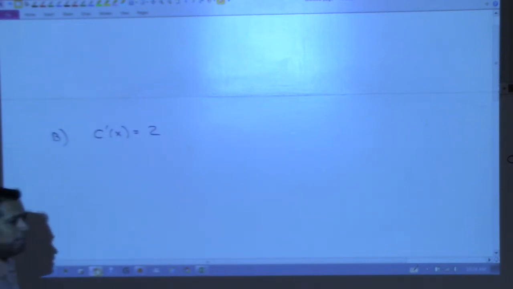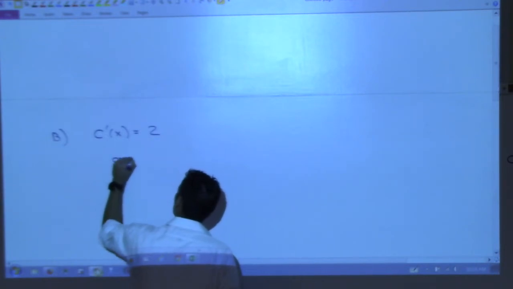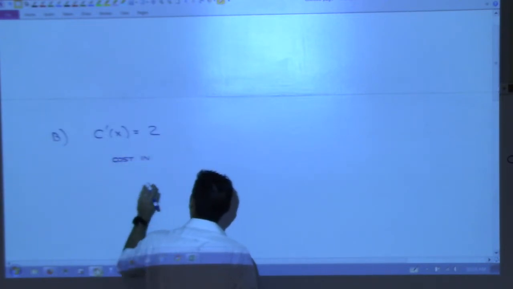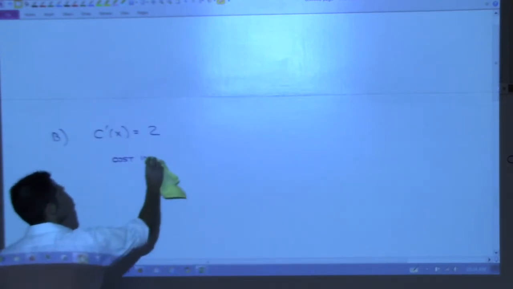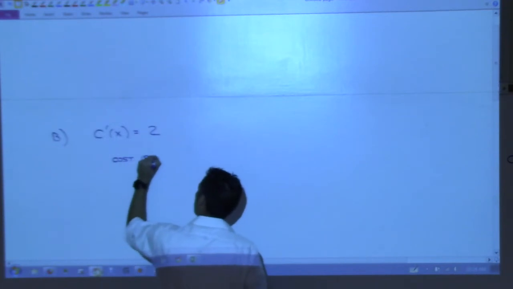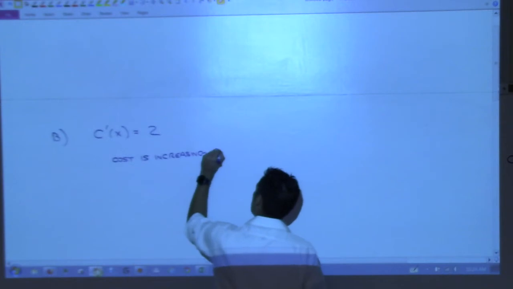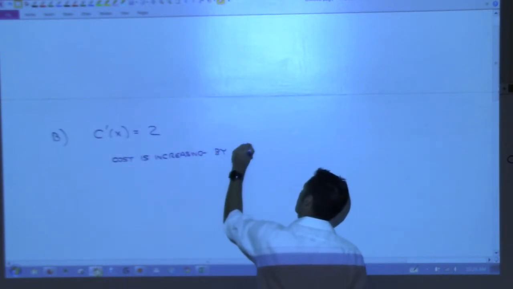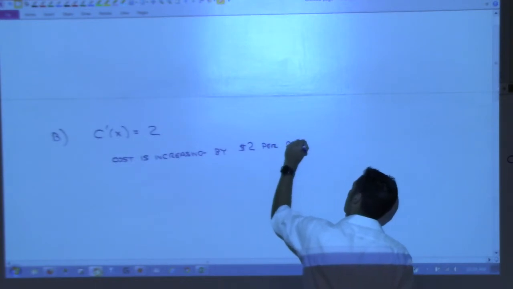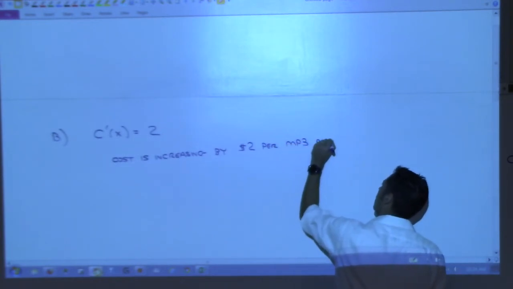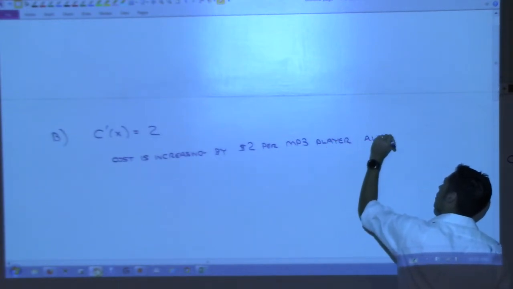So that means that the cost is increasing by $2 per MP3 player, always.